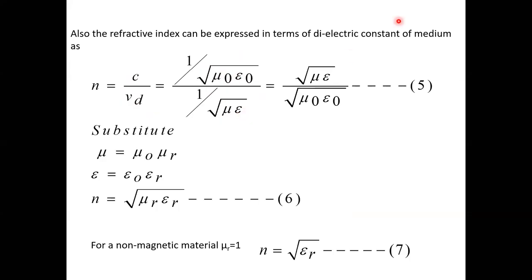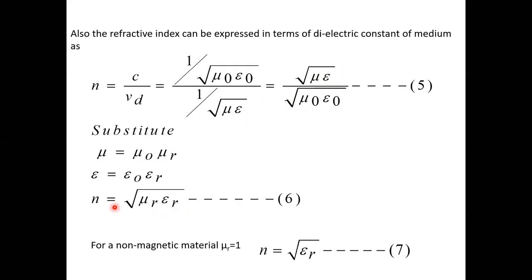So mu naught and epsilon naught get cancelled, and what remains is n equal to root of mu r epsilon r.